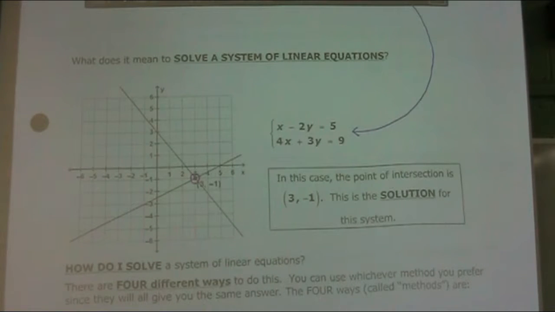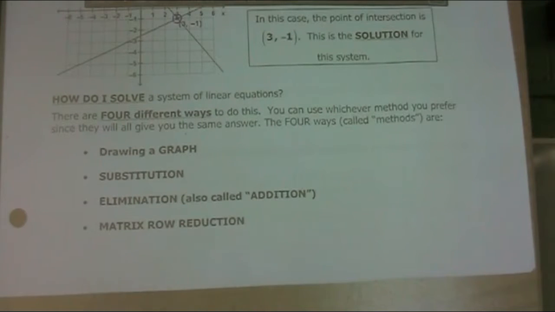All right, so in this case, the point (3, -1) is the solution of the system because that is the point where they intersect. Now, we've got to get to how do I solve a system of linear equations. There are 4 methods to do this, 4 different ways, and once you learn all of them, you can choose whichever method you want.